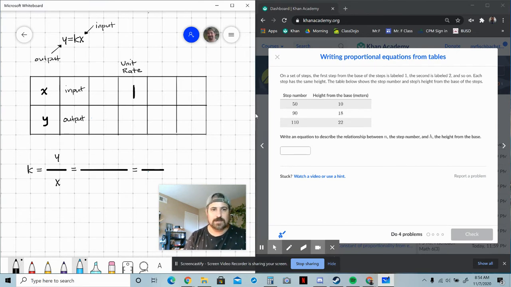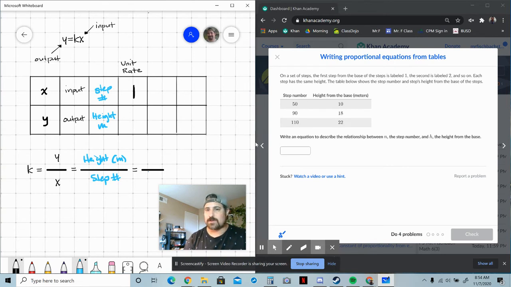So let's put step number as the input, and that means we're going to put the height in meters as your output. That's the relationship, which means that when you're doing your k, it's going to be height in meters on top and step number on bottom. So this tells you the height per step. That makes sense. That's the unit rate we're looking for, height per step.